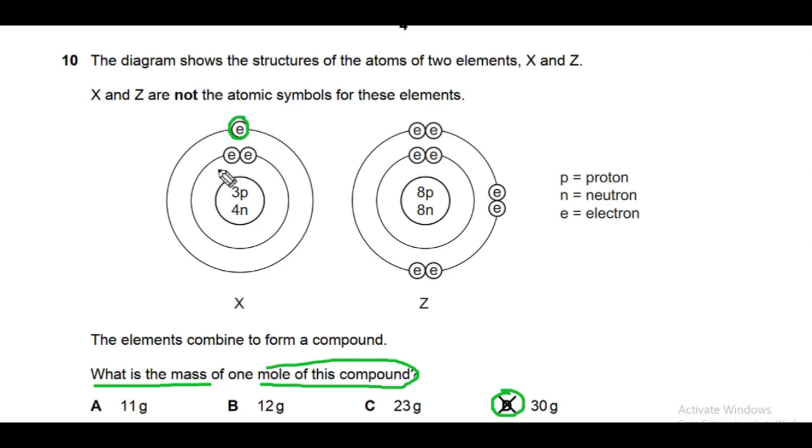Z is a group 6 element, and group 6 elements are like oxygen. So the formula will be X2O type. Now you see lithium has 3 protons, and here there are 8 protons.